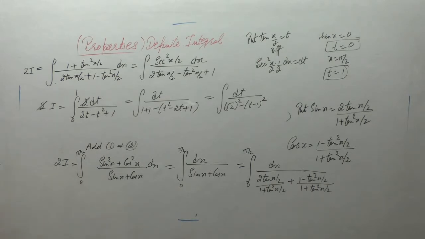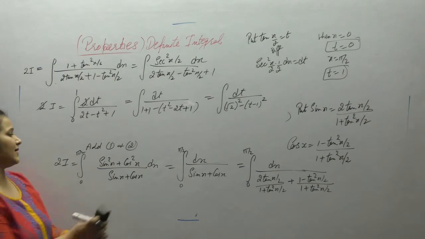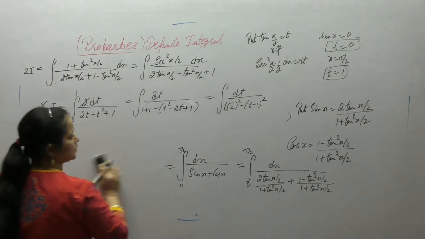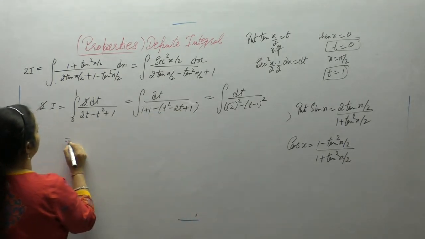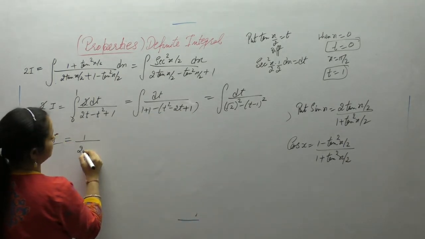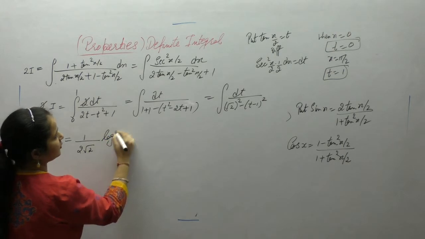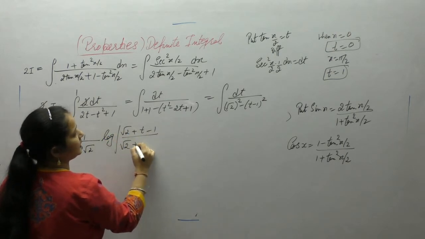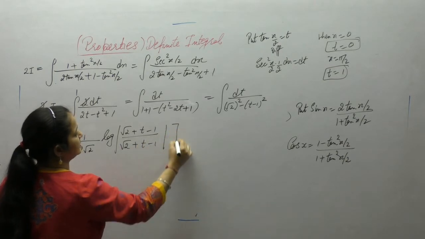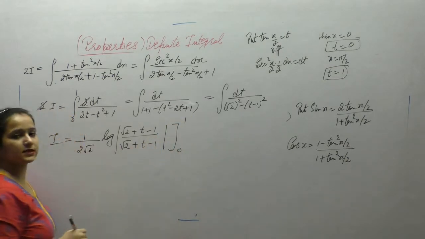The integral of 1 upon a square minus x square is equal to 1 upon 2a log of a plus x upon a minus x. The limit is 0 to 1.